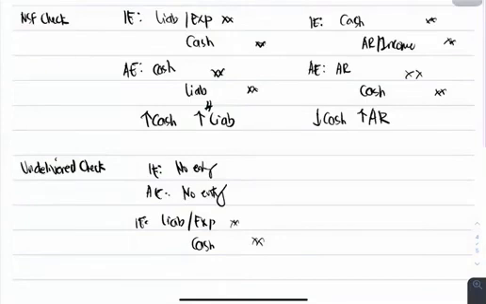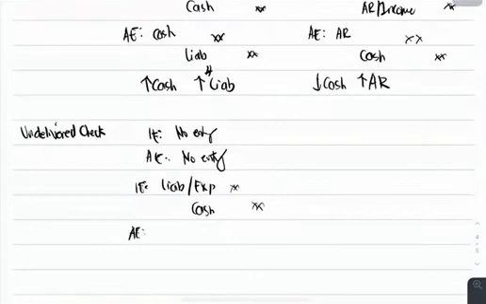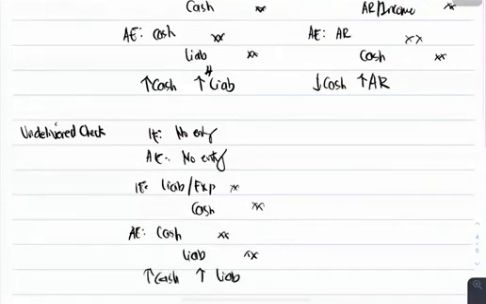So you need to make this adjusting entry. You revert the cash and you credit a liability. So it will increase your cash and it will increase your liability. That is for an undelivered check in case there is an entry. Normally, problems have an undelivered check which was already entered into their books.